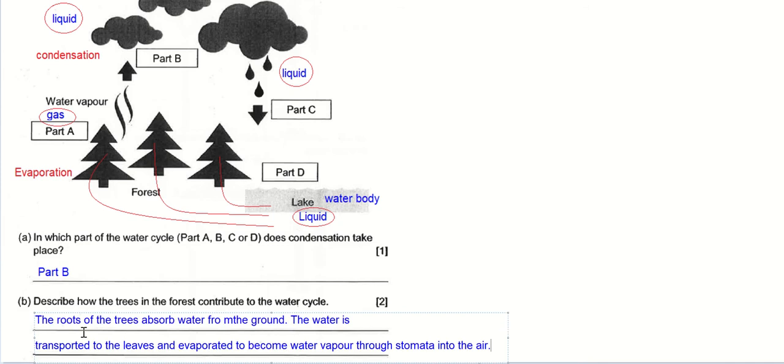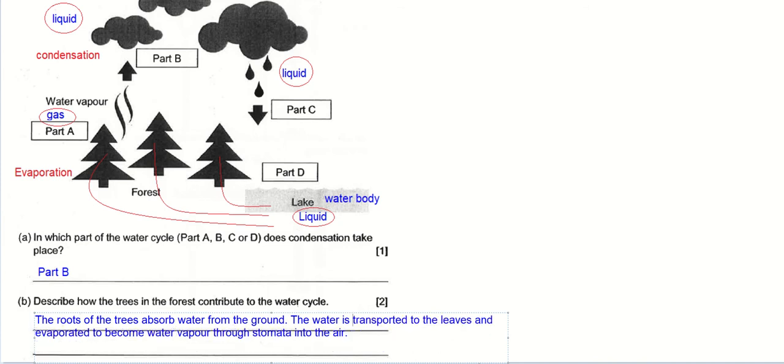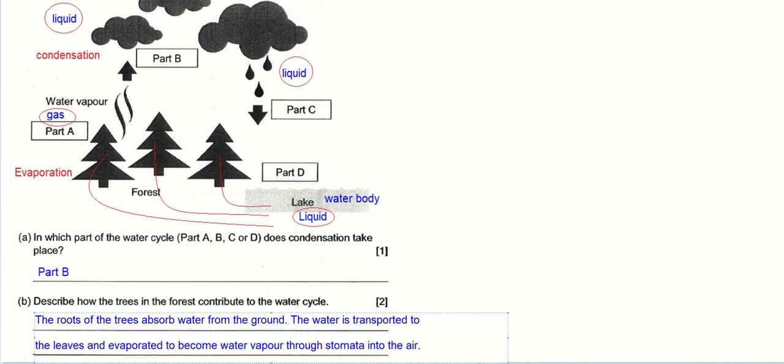Okay, so the roots of the trees absorb water from the ground, right? The water is transported to the leaves, and evaporated to become water vapor through the stomata, and escapes into the air.